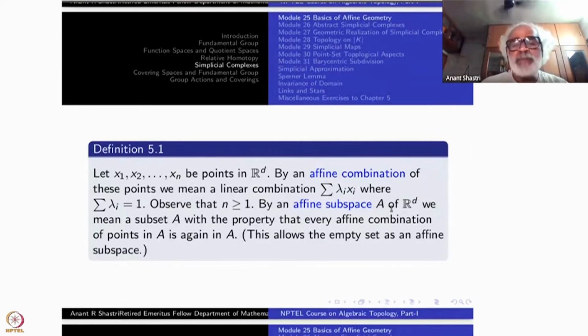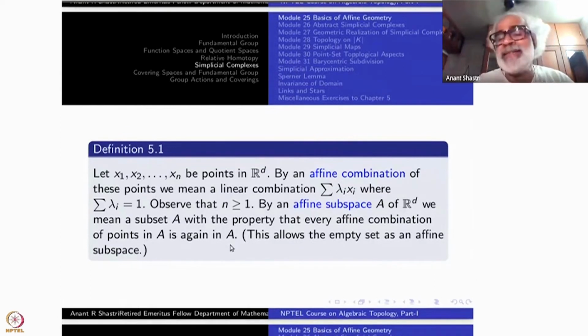By an affine subspace A of R^d, we mean a subset of R^d with the property that every affine combination of points is inside A again. You take finitely many points of A, take an affine combination, it must be inside A. So it is closed under taking affine combinations.